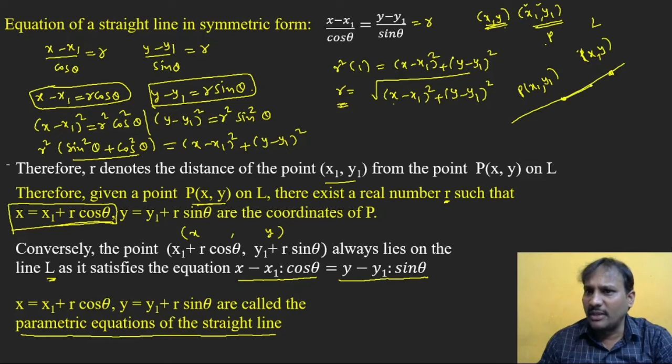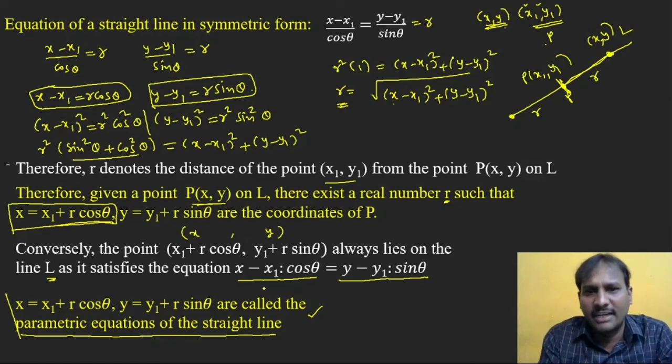The distance between these two points is given as r. Suppose you take one more point here, some (x2, y2). If this distance is r, then this distance will be minus r. So now we have learned the symmetric form and also the parametric form of a straight line.